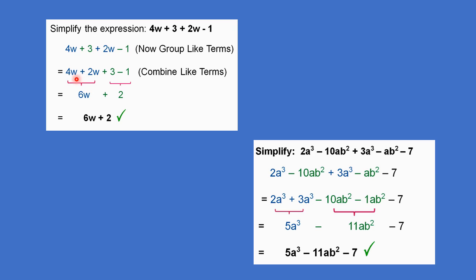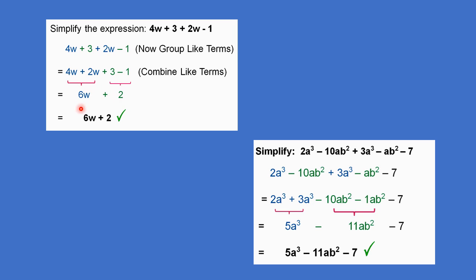So you can combine this 4w plus 2w. You can add the coefficients together and get 6w. Here you can take the 3 and the negative 1, or the minus 1, and we'll talk a little more about that later on. But 3 minus 1 is 2, of course.